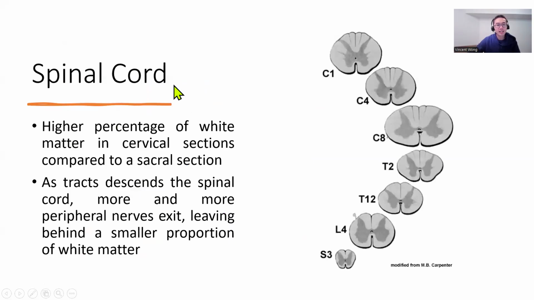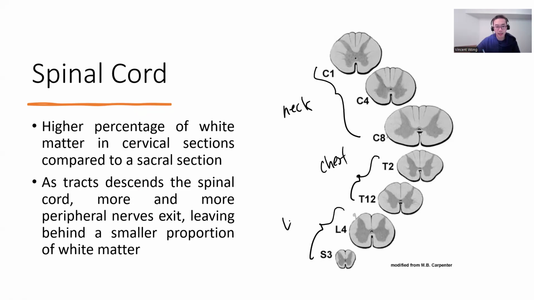If we take a slice of spinal cord, you can see the ratio of white matter and gray matter is not the same for all the sections. So C here is the cervical section closer to the neck. Here, I'll write down for you. These are the neck. Right? T is like the chest, and then these are like lower back.